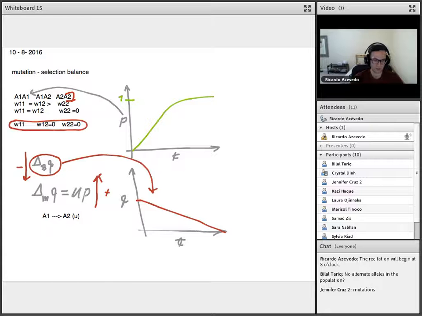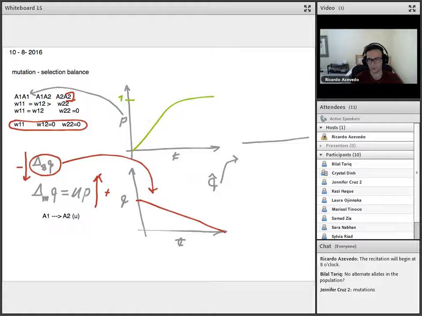Now there are different possibilities. We don't need to know the proofs of how you get these equations, but depending on what type of mutation A2 is, so is it deleterious, is it lethal, is it recessive or dominant, we are going to have different combinations, different expectations of Q at equilibrium, so Q with this hat, which denotes Q at equilibrium. So let's create a table.